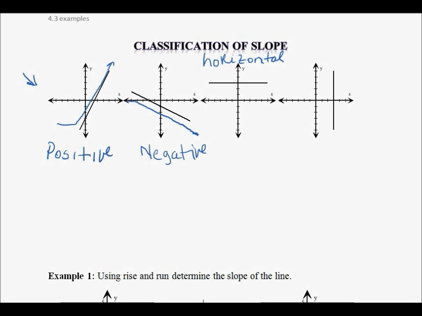I can move over to get from one point to the next, but you don't have a rise. You never move up. So the slope of this line would be zero. If it's a horizontal line, the slope is zero.